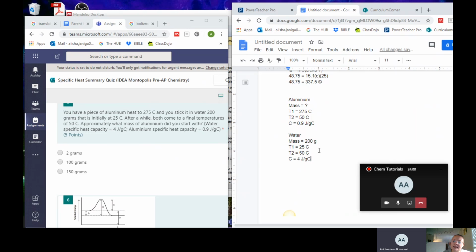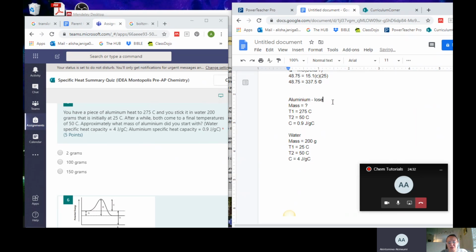So if we go from 275 to 50, are we gaining or losing energy? In T1 to T2 right here in the aluminum, are we gaining or losing energy? We are losing energy.